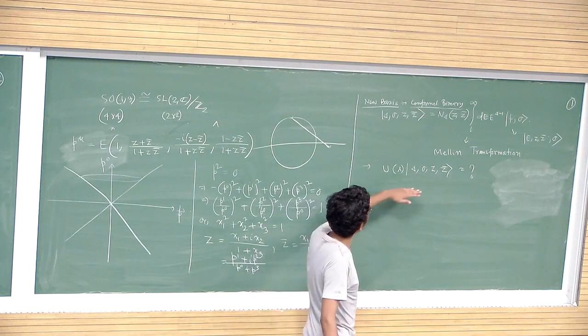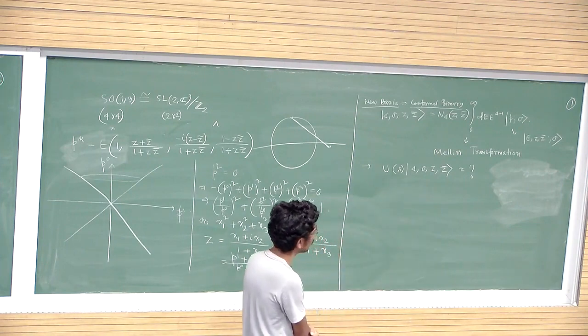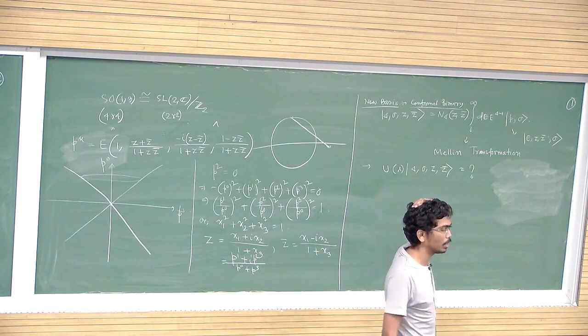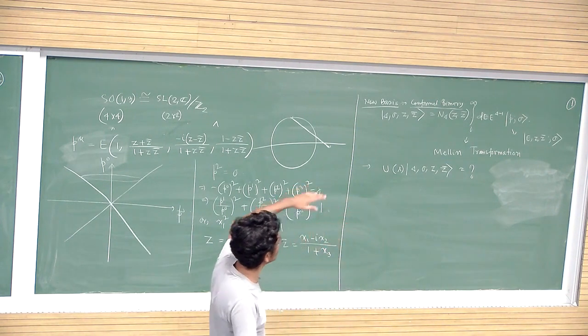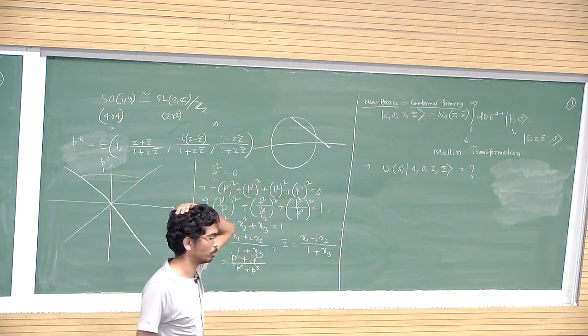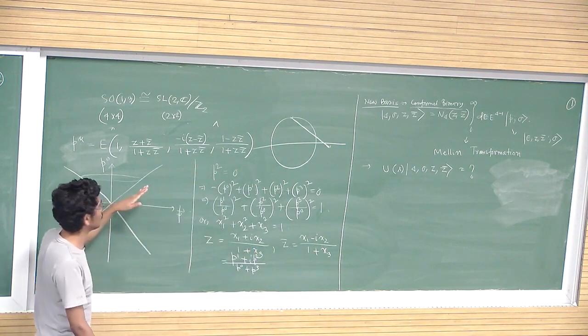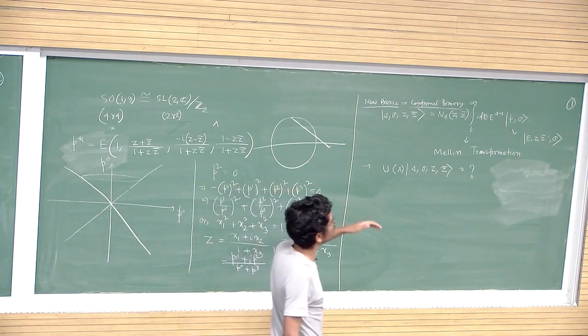Okay, so we want to study the Lorentz transformation property of this state. If you remember, what we did yesterday was we started from some reference null momentum and found its little group. Here what matters is the direction. So today we will find the little group of the reference null direction.